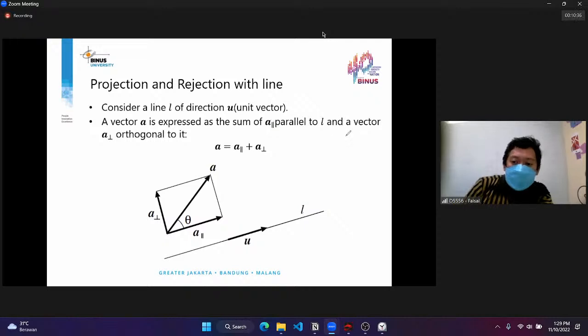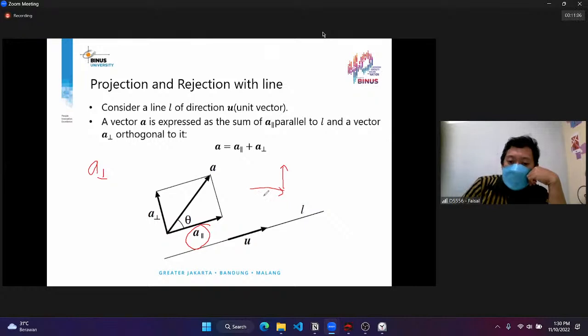And the second vector is orthogonal to it, and we denote it by A with the orthogonal symbol. By the addition rule of vectors, remember we have the addition of two vectors like this.